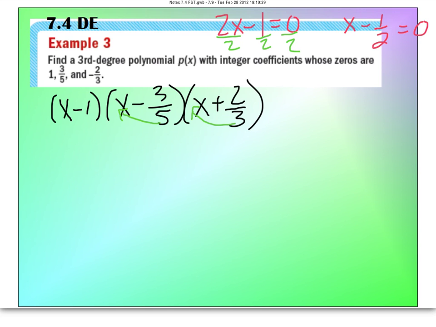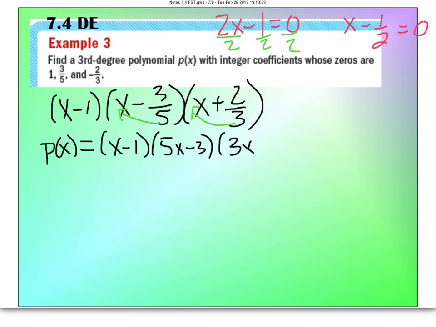So I can rewrite this in factored format. I'm going to say p of x equals x minus 1, then 5x minus 3 and 3x plus 2. And this is considered in factored format, and that would be the answer.